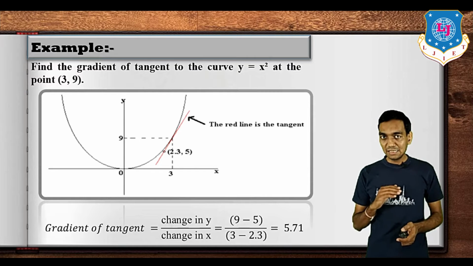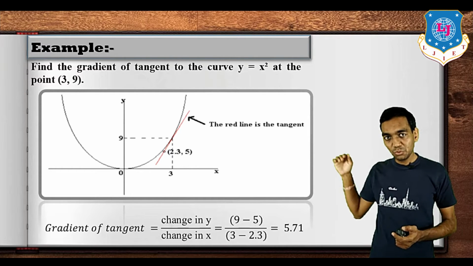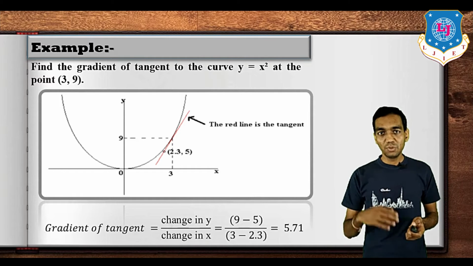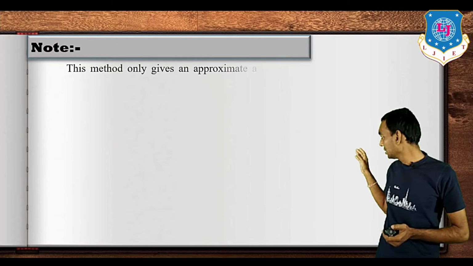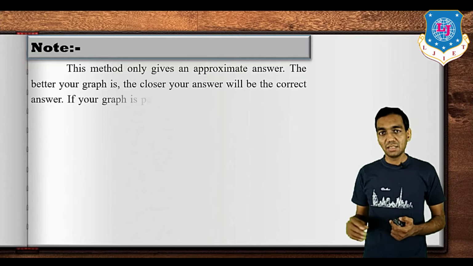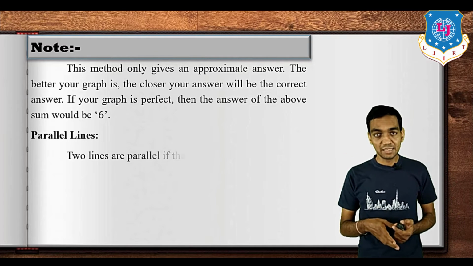Now see, this is not the exact value of the slope. As this point tends to your original point (3, 9), the value becomes more accurate. And if you apply the simple method to find the tangent slope, then the exact answer is 6.